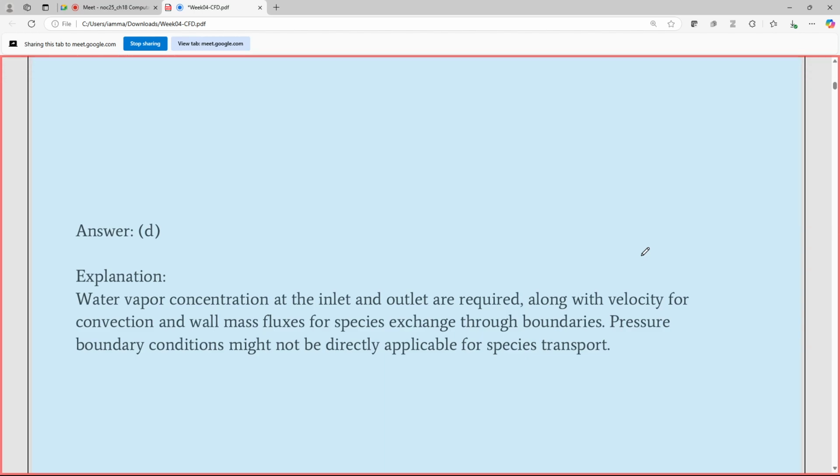For species transport problems, the concentrations will be needed at the inlet and outlet along with the velocity of convection. So our answer is option D for the first question.